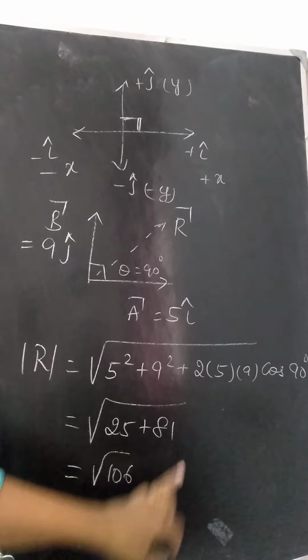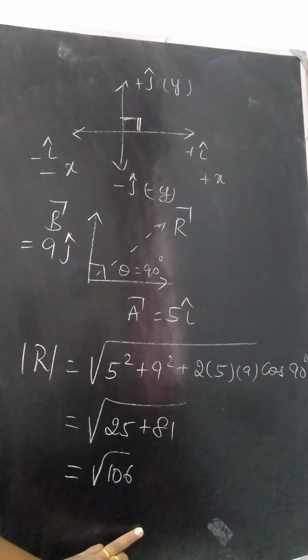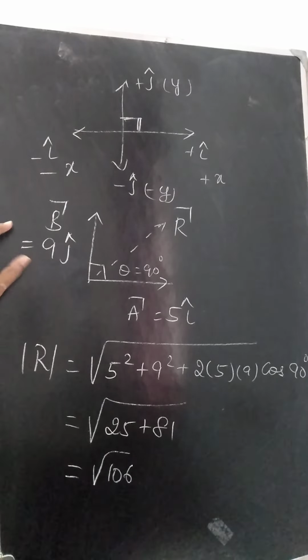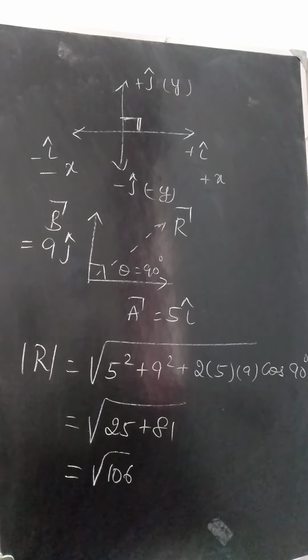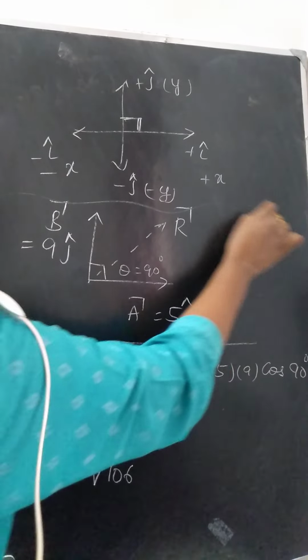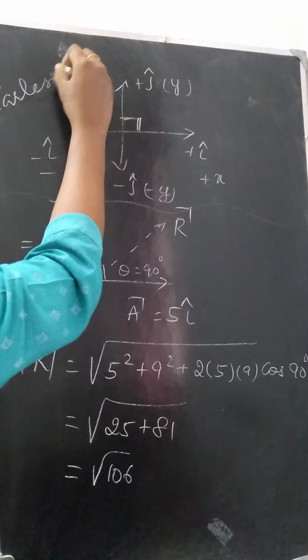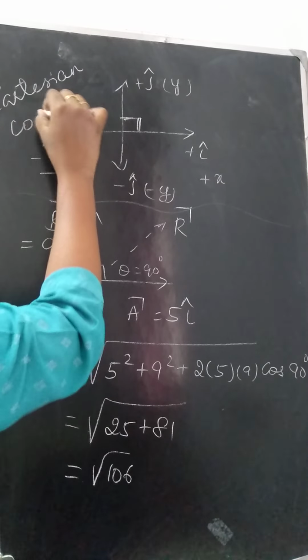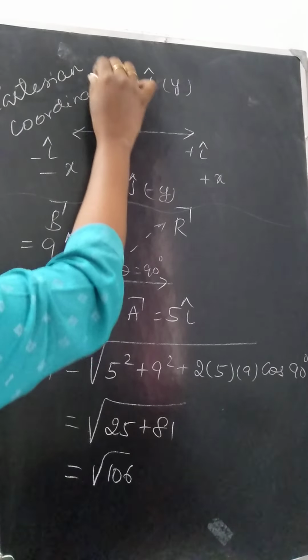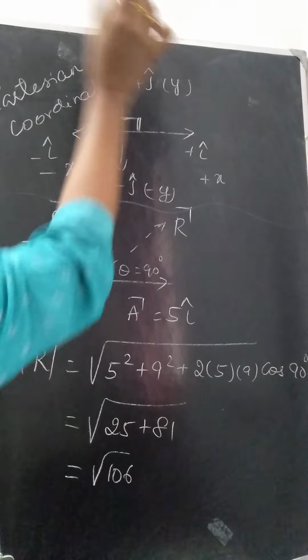Okay, so it is clear how to find the resultant vector. Just take an example and make a note. What is this known as? Cartesian coordinate system. These are all in 11th.